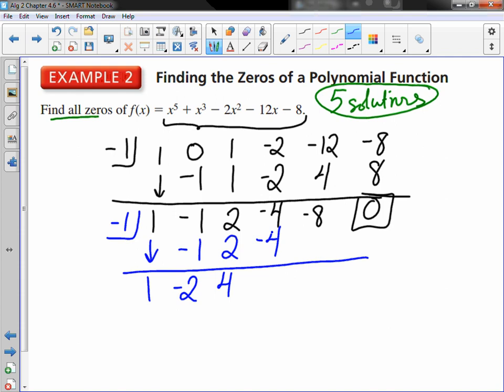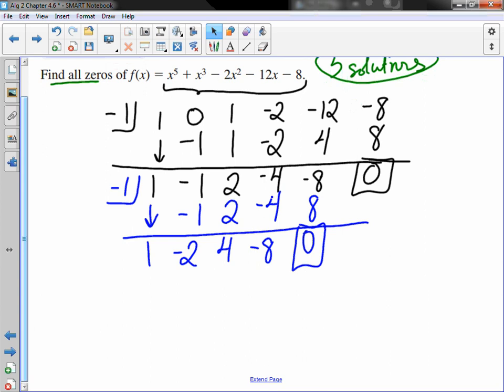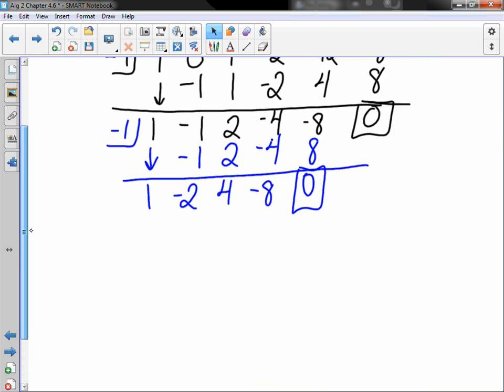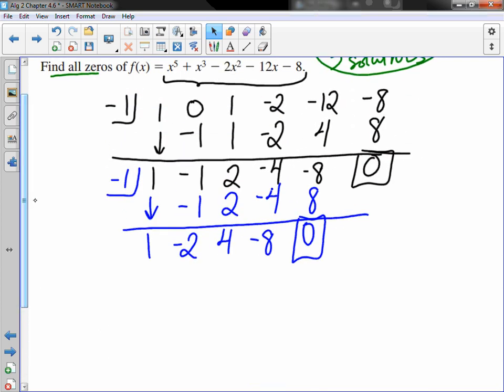And negative 4 plus negative 4 would give me negative 8, and negative 1 times negative 8 would give us positive 8. And negative 8 plus 8 gives us 0. Now there is a chance that negative 1 could work again, but if it works again, it has to do it twice, because we have to do it in pairs of 2. It has to have an even number of them.